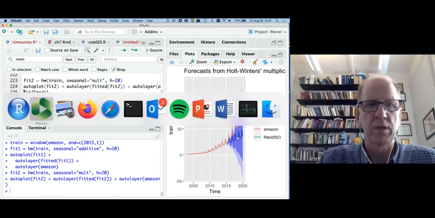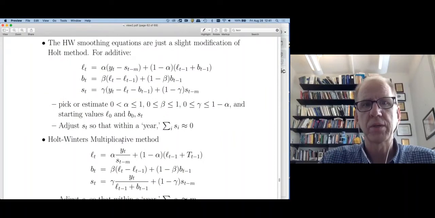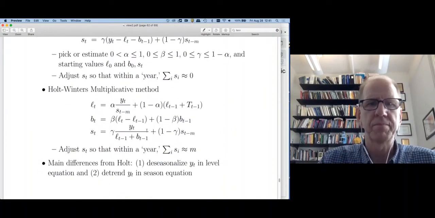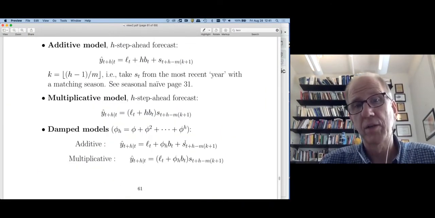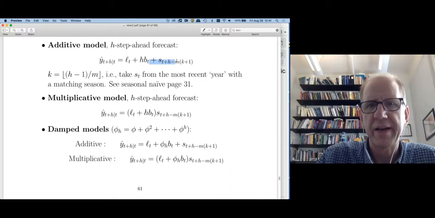Okay, so that's very much due to the fact that we're using a multiplicative seasonal effect instead of the additive seasonal effect. So if that's not clear, let's go back to the course packet for a second, and it should be clear once we look at the multiplicative model. So when we go back and look at the way these models work, you'll see that we're multiplying by the seasonal effect, we're not adding it.